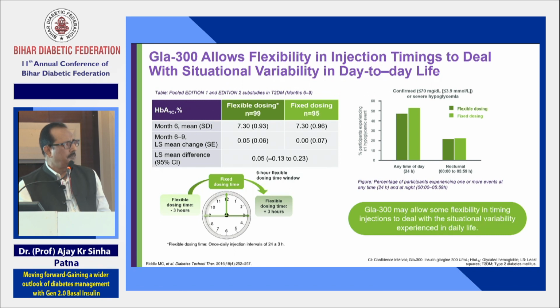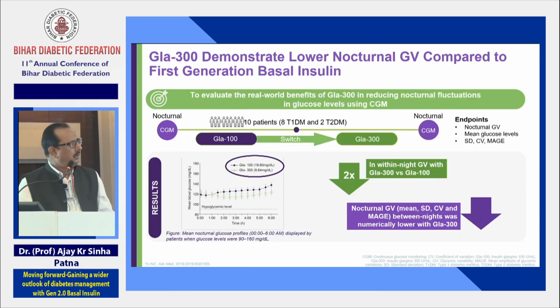We look at the time below 70 and how many times it occurred. It was found that GLA 300 was superior in terms of achieving time in range. So that was the recommendation. GLA 300 demonstrates lower nocturnal glycemic variability compared to first generation basal insulin.